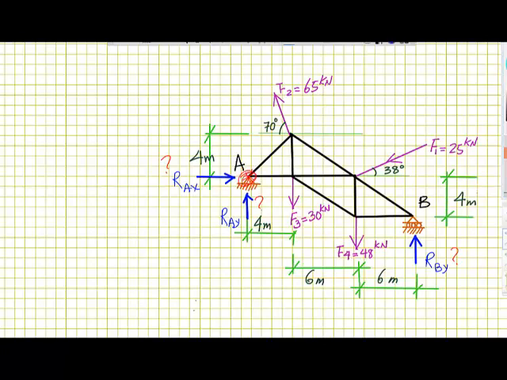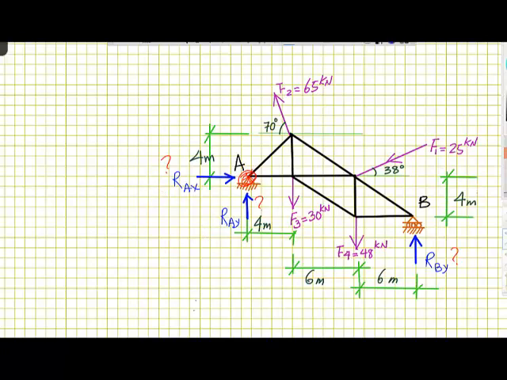In this case we'll cancel out this unknown and this unknown. This will be the only unknown we have in the equation, which will make our equation easy to solve.